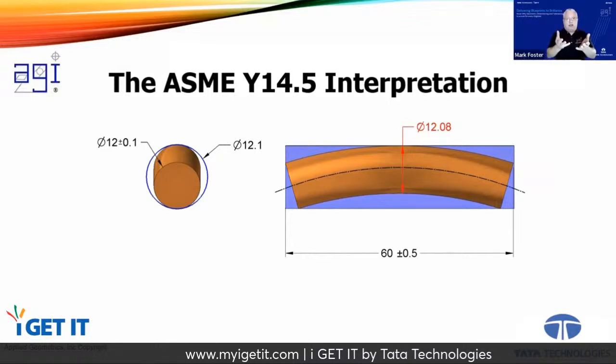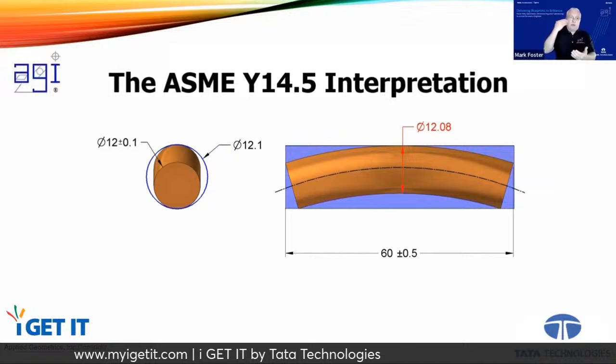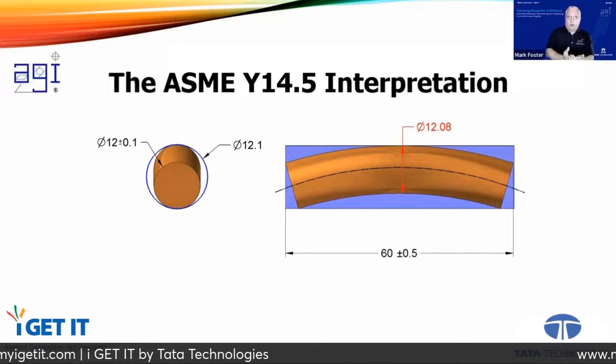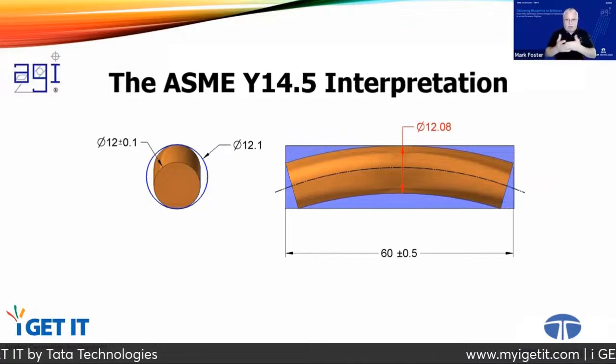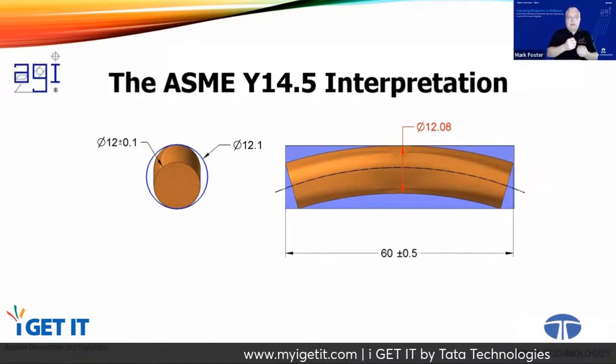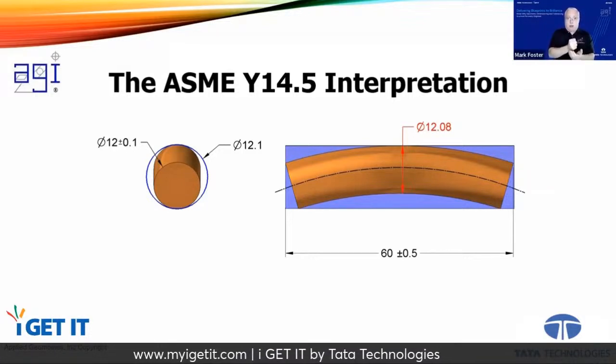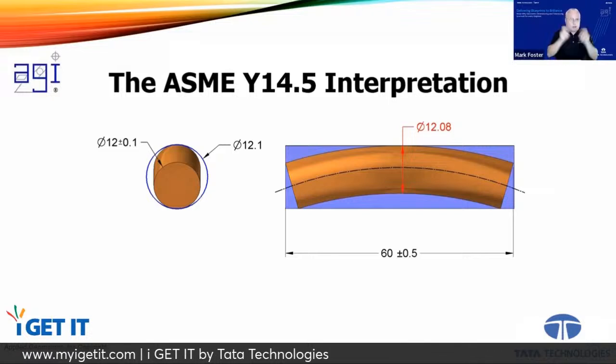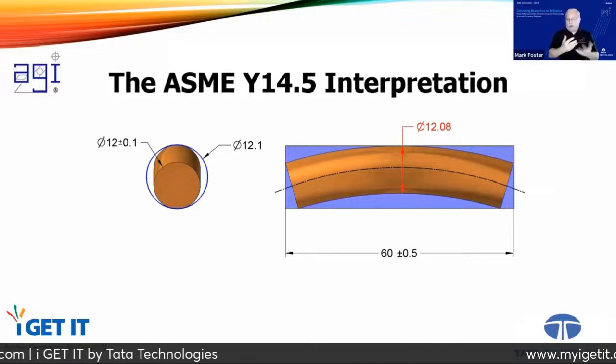Okay, so there's your fit. Right there, we've imposed a rule because of a standard that we have agreed to follow. We've imposed a rule that allows us to have one correct interpretation of what that super simple drawing was trying to say.